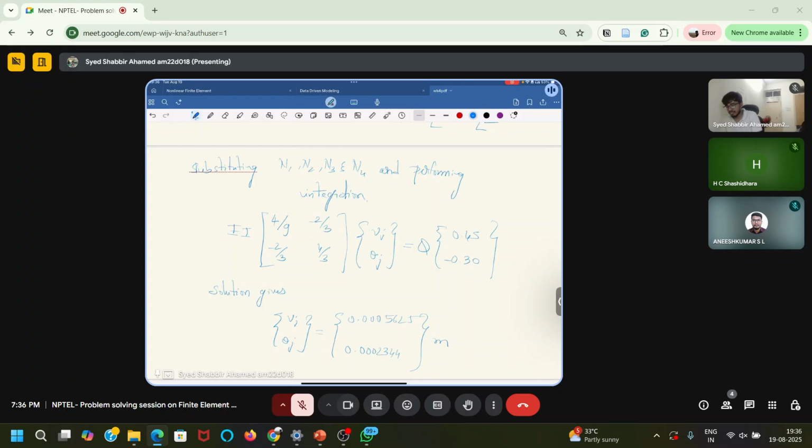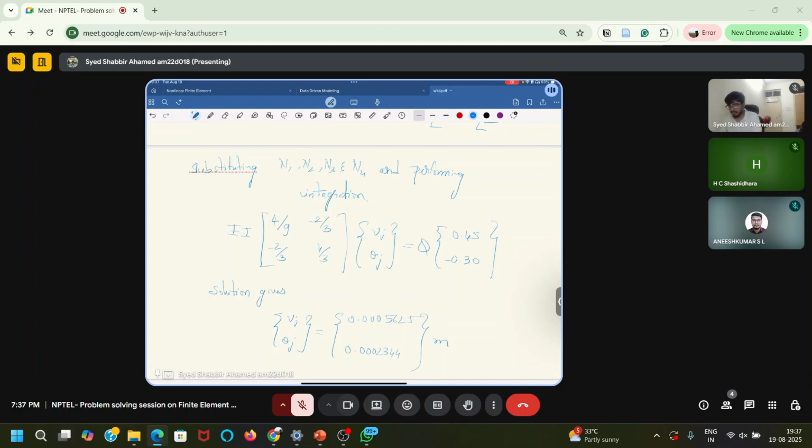But if I had, let's say, 1,000 elements, then there will be 1,001 nodes, so about a 2,000 by 2,000 matrix you will get. So that can be solved easily in a computer.